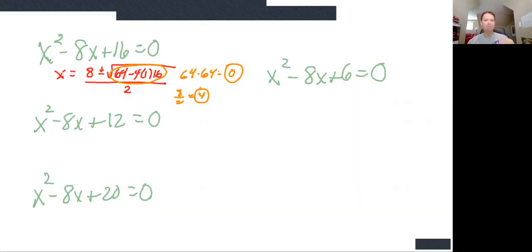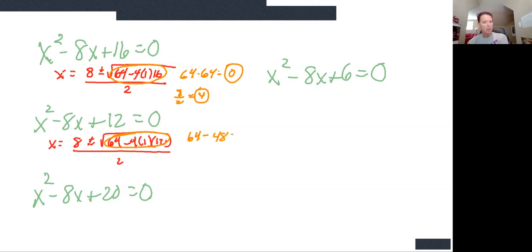Well, let me go down here. x equals, again, same thing, negative b, 8, plus or minus the square root of 64 minus, now it's going to be 4 times 1 times 12, all over 2 times 1, or 2. So now what does this look like? This is 64 minus 4 times 12, which is 48, which equals 16.